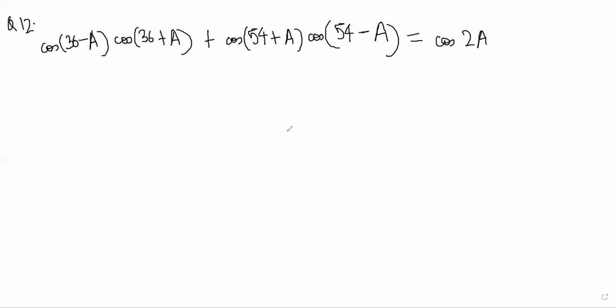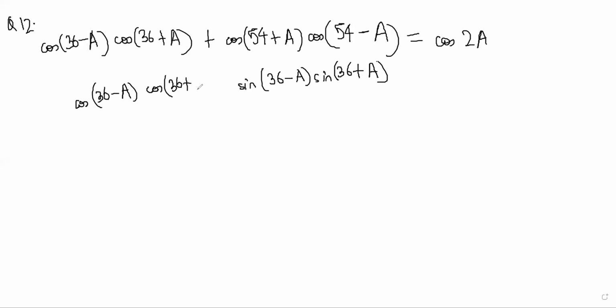So basically you are saying convert this to sine. So this will become sin(36 minus a) into sin(36 plus a). Then it is almost done now, no?